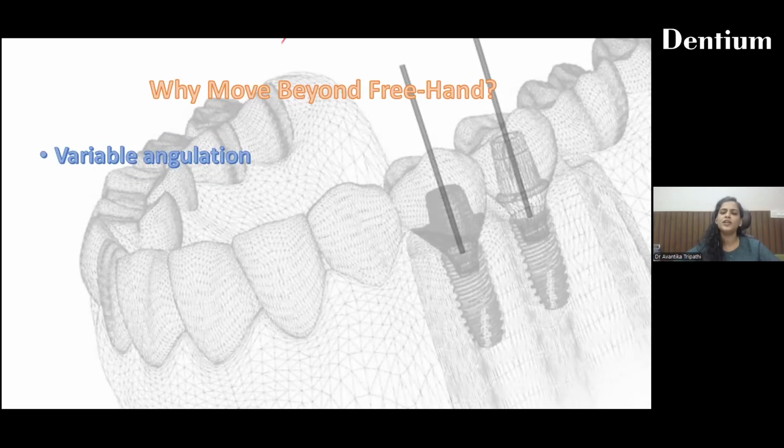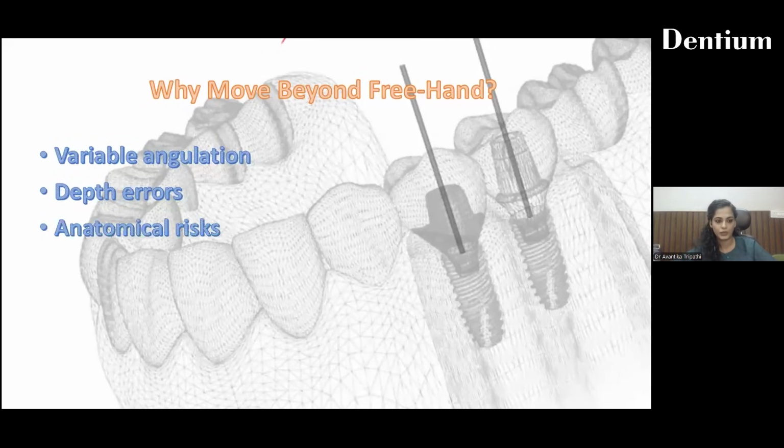Even if we have done our 100%, there can be some sort of change in bucco-palatal orientation or mesiodistal orientation. There can be depth errors. An implant placed manually can be slightly deeper than a previously planned, surgically guided implant placement.